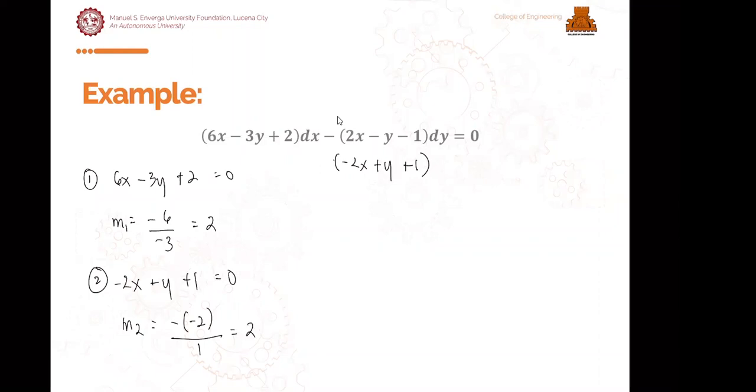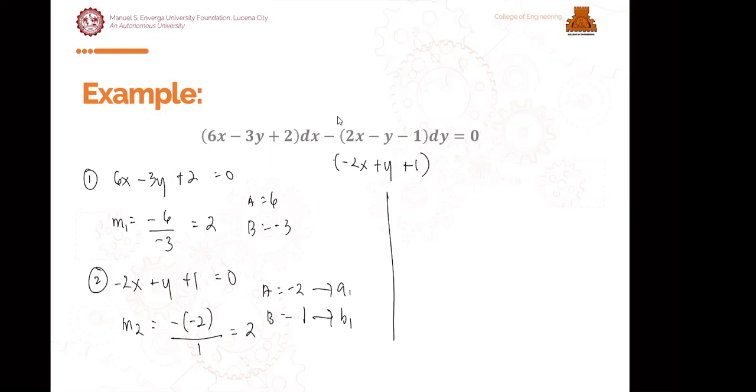So equal siya, no? Pero pansin nyo, yung a dito is 6 and b dito is negative 3. Yung a dito is negative 2 and yung b dito is 1. No? Pag pinag-compare nyo, parang yung equation 2 is naka times 3 lang nung equation 1. Okay? So ibig sabihin yung smallest scale yung gagamitin natin. So ito yung gagamitin nating value ng a1 tsaka ng b1.